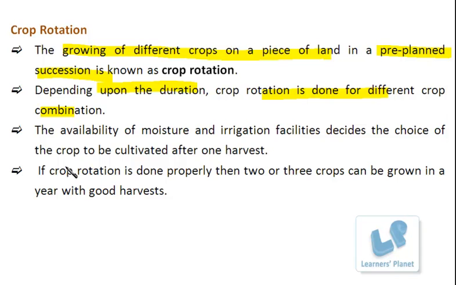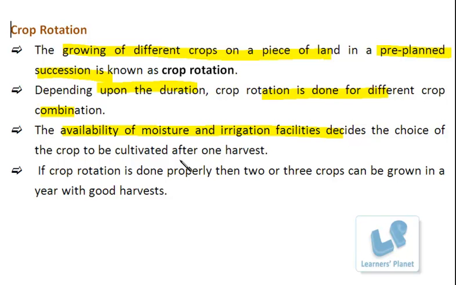Here the crop which has to be chosen actually depends upon the availability of moisture and the irrigation facilities. See, initially I already said that in our country, like in India, we are mostly dependent upon nature for different types of facilities, like the photoperiod, that is the sunlight, or the water supply. Many things are there for which we are dependent. Of course, one is the temperature also.